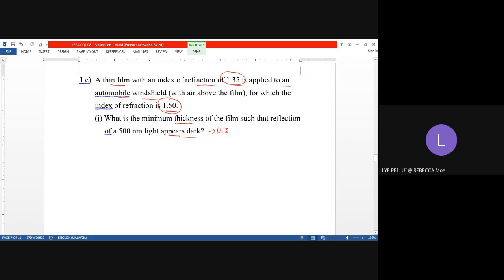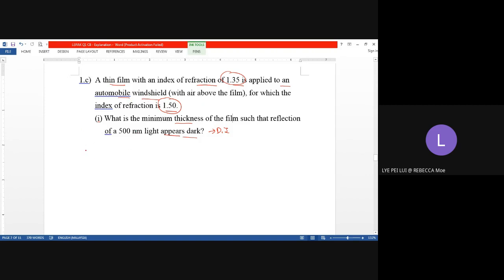Okay, so if we illustrate in the diagram, is this anti-phase or in phase? Because we have three layers: air, then a thin film, then the automobile windshield, right?